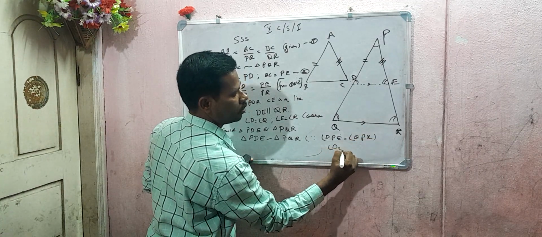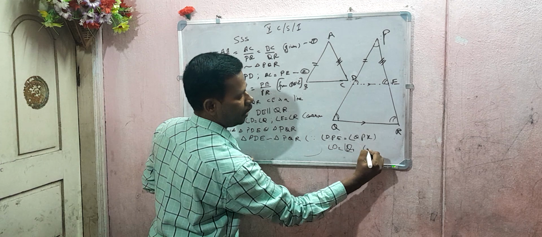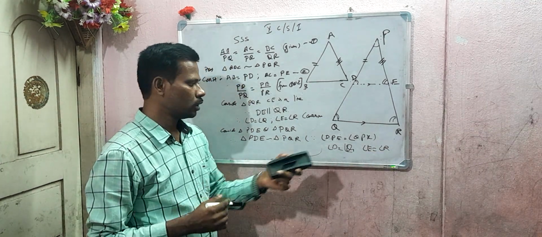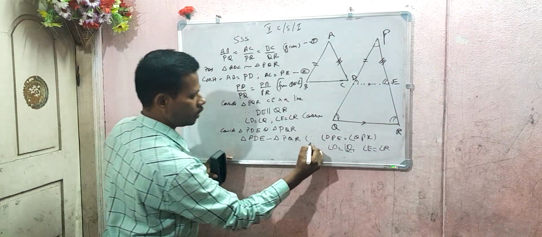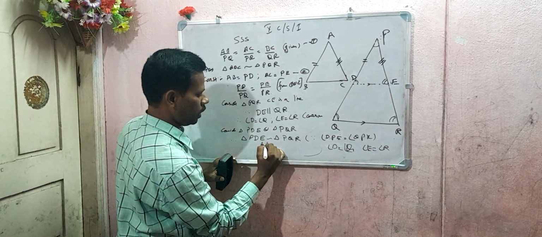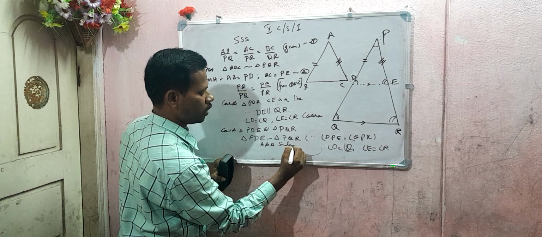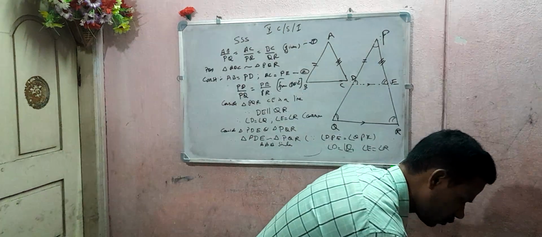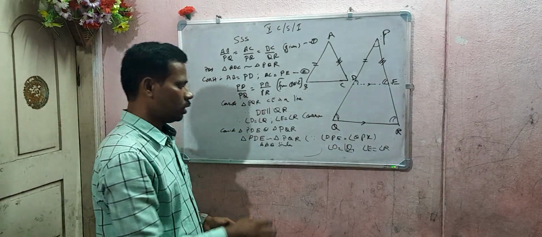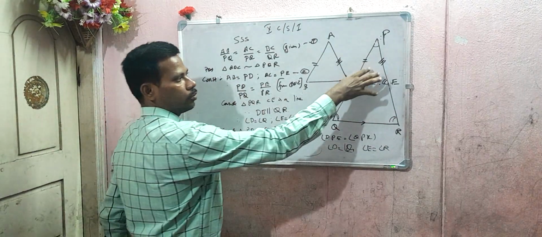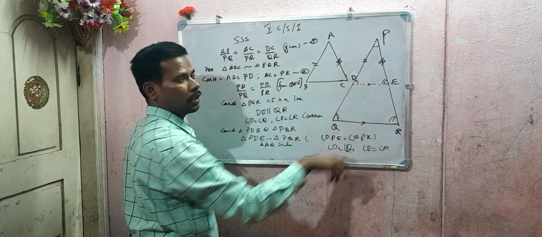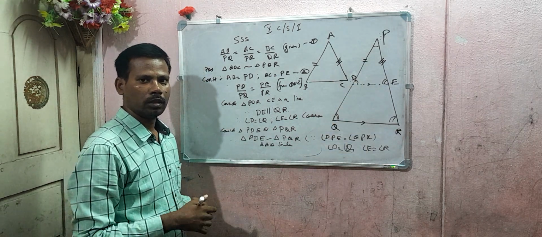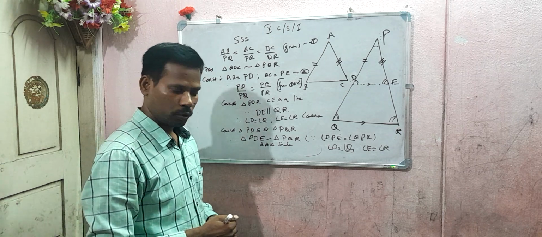Next, angle D is equal to angle Q, angle E is equal to angle R. Therefore, by angle similarity, I have proved that this triangle is similar to this triangle. Now the triangles are similar, that means their sides are proportional.